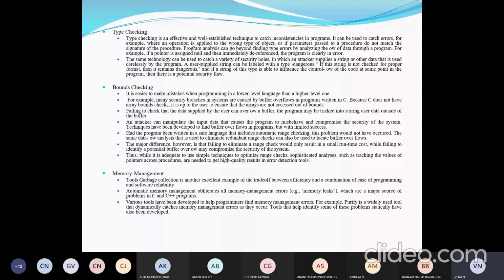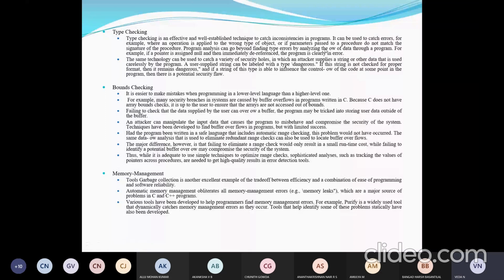Again it depends on the different programming languages, wherein program analysis is done to find the type errors and analyze the flow of data throughout the program.